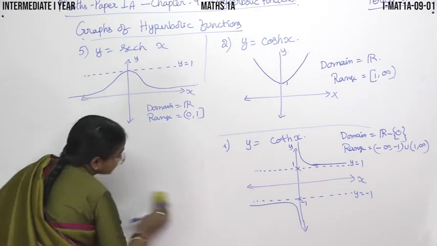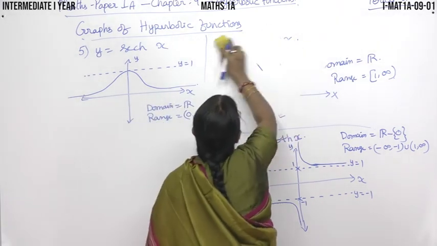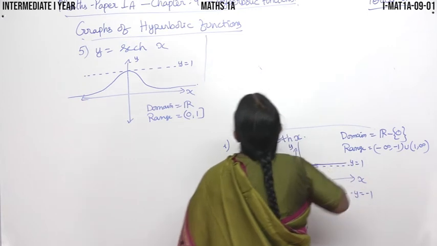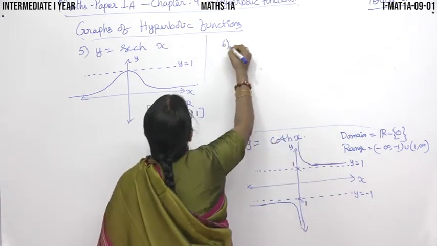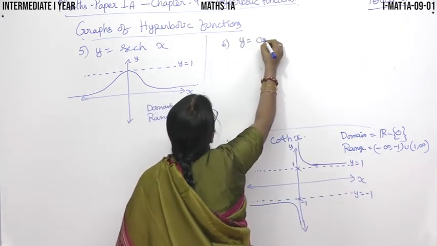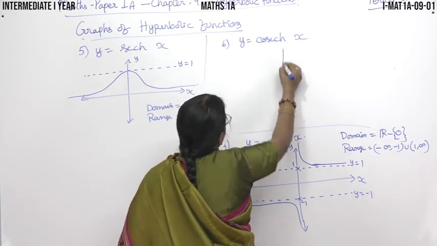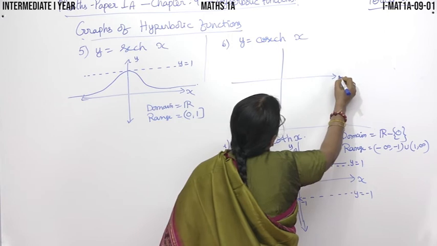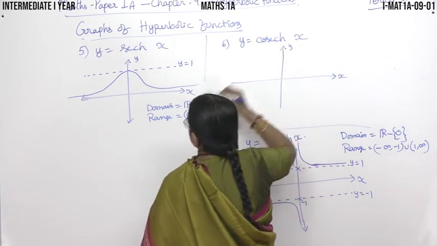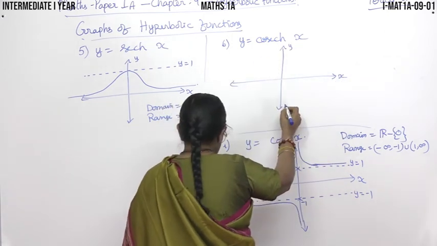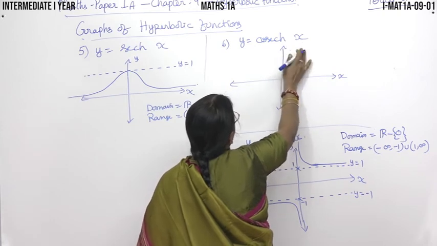Okay, next is the sixth one, the graph of y is equal to cosecant hx. So this is x-axis, y-axis, and you'll have the graph like this.